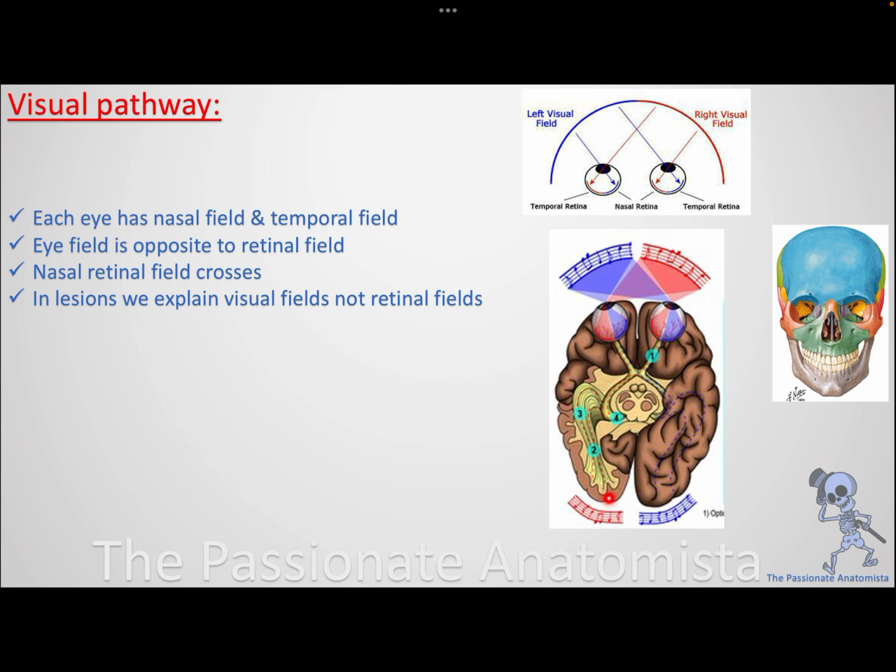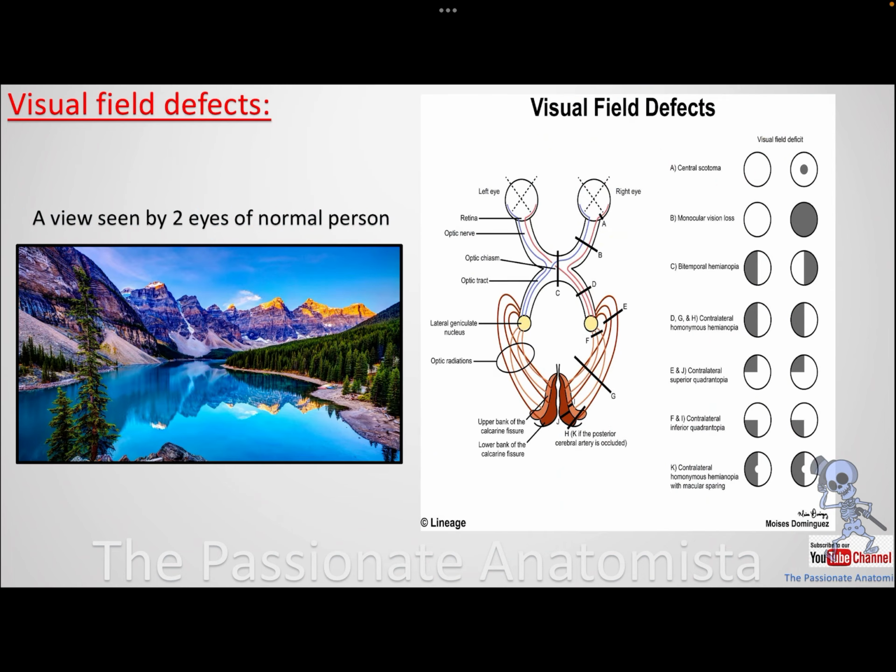The lesion in the cortex could be a stroke of the whole cortex, so I will lose the opposite eye's vision totally. Or it might be a problem in the posterior cerebral artery, in which case we will have macular preservation. We're going to talk about that. The central vision will be preserved. So let's talk about the pathologies.